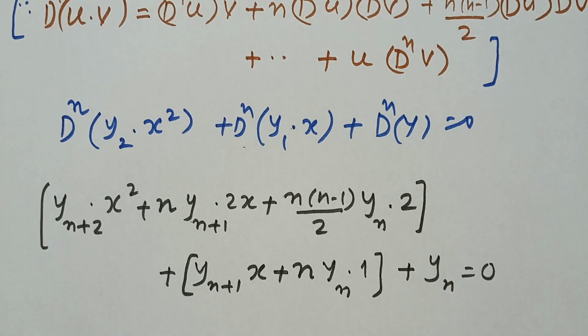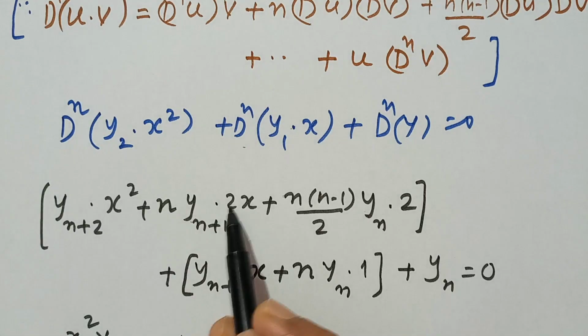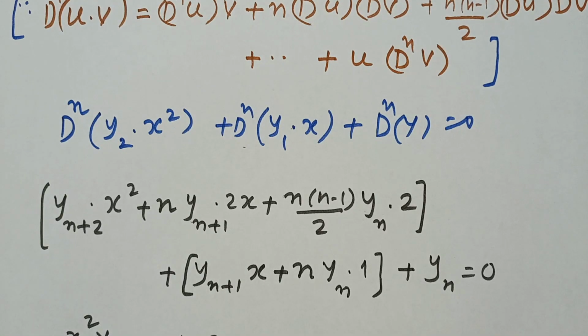Now we arrange the same terms. Here x square y(n+2), then here y(n+1) and here y(n+1), so plus 2nx y(n+1) plus x y(n+1). Next, the yn terms: 2 cancels, so plus n(n-1) yn.